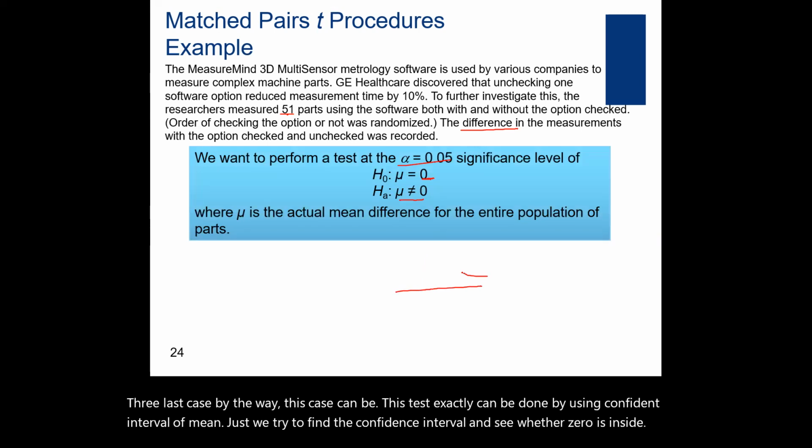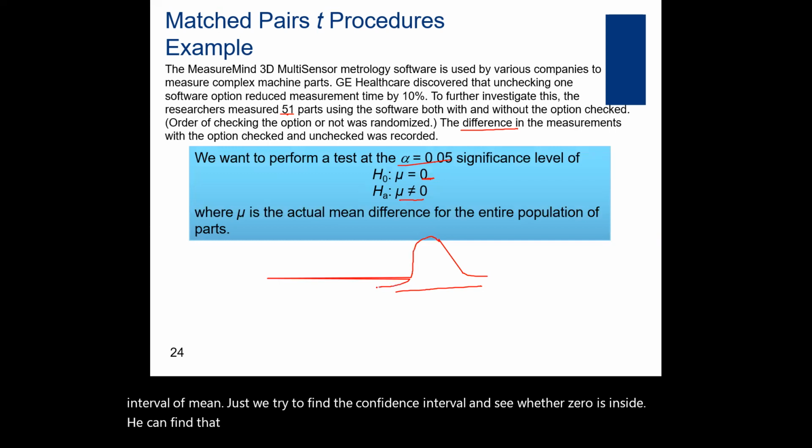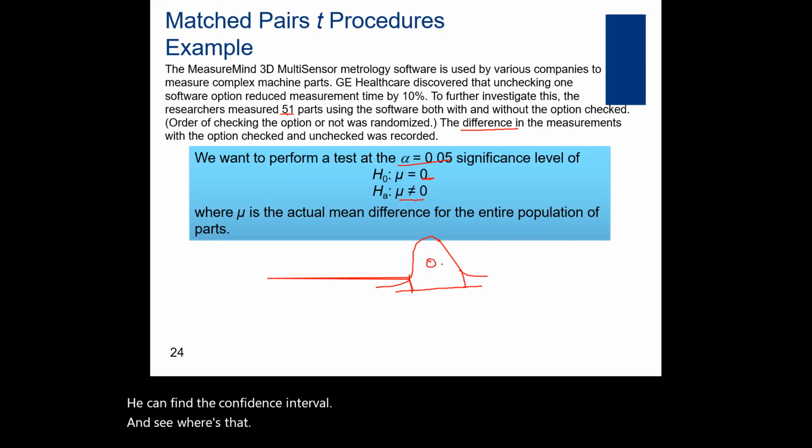We can find the confidence interval and see whether 0 is inside or outside. If inside, we fail to reject H naught. If outside, we reject H naught.